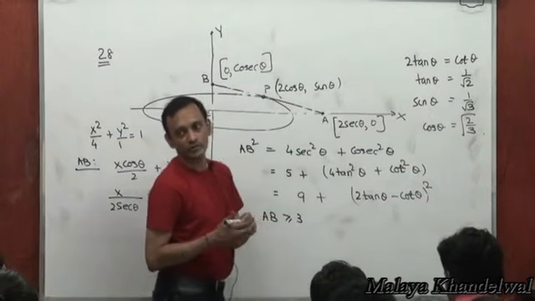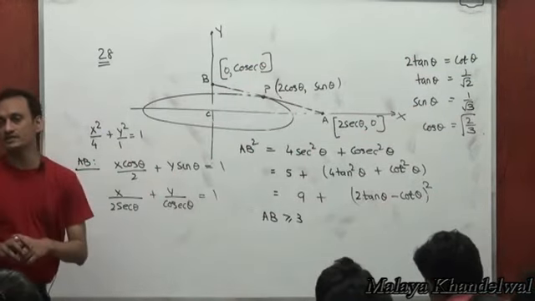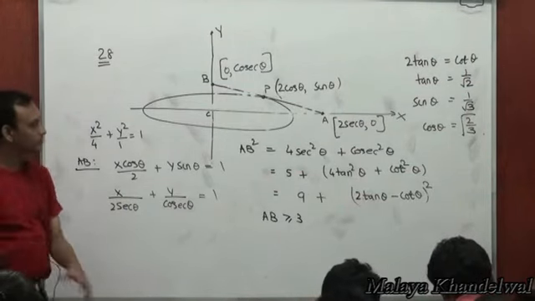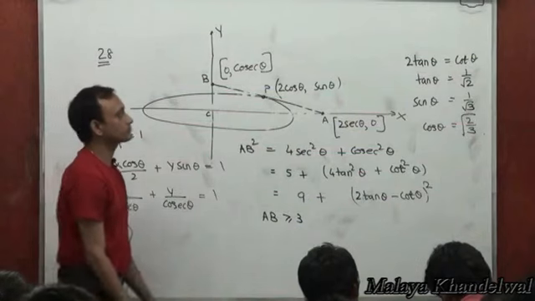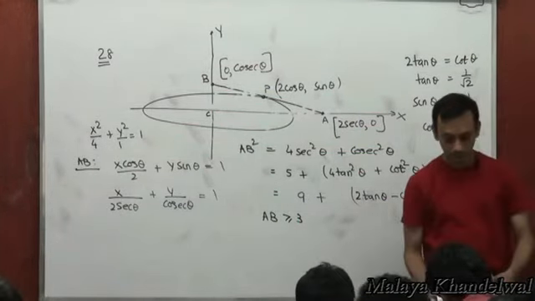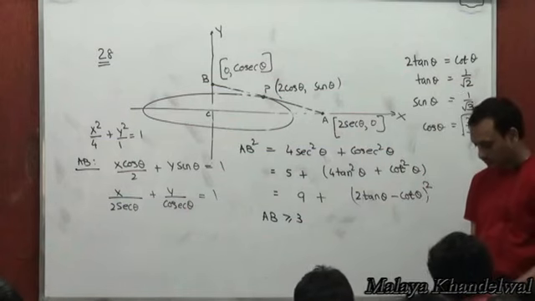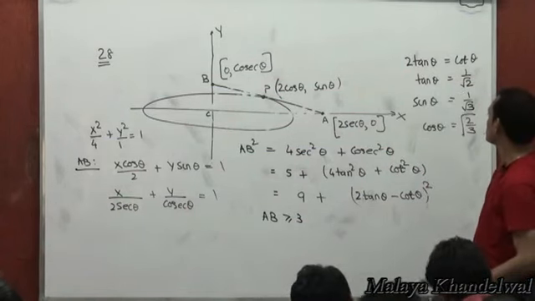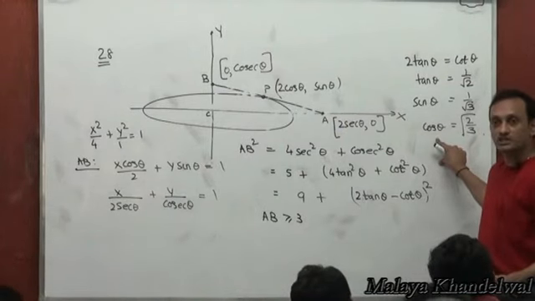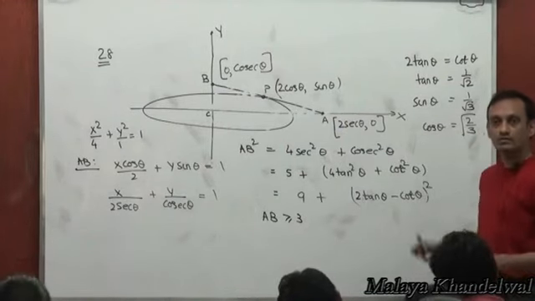These are the coordinates of the point P for AB to be the least and therefore the area of the circle to be the least. So option C is correct. Are you all okay with this so far?